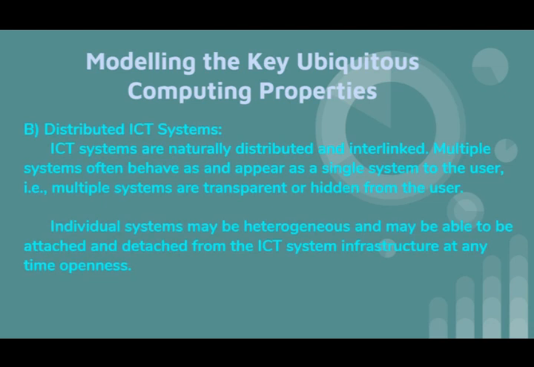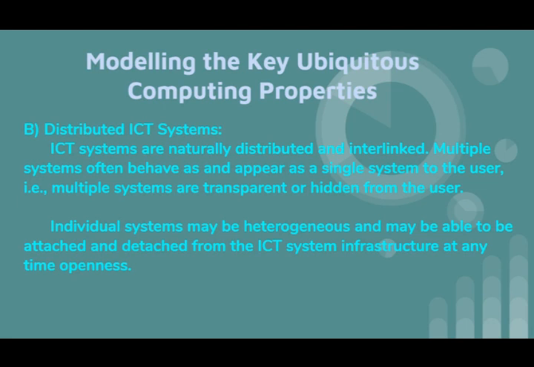Then distributed. The first property that we have seen is the core properties. Then we have the distributed ICT system, our first property of ubiquitous computing.